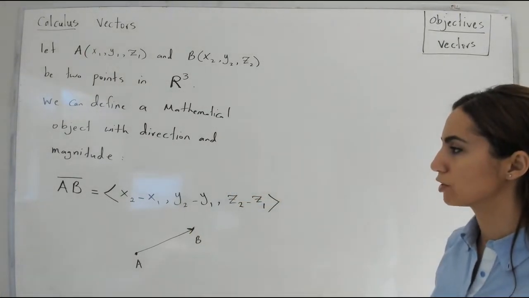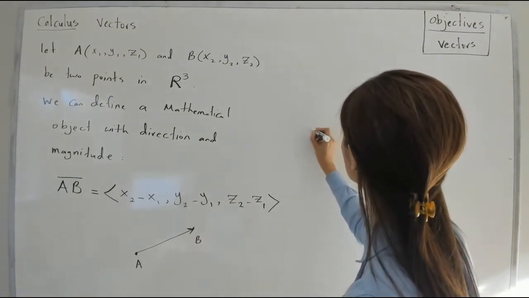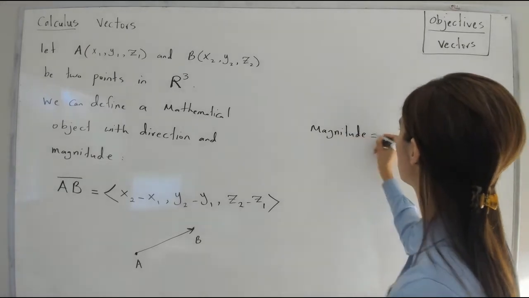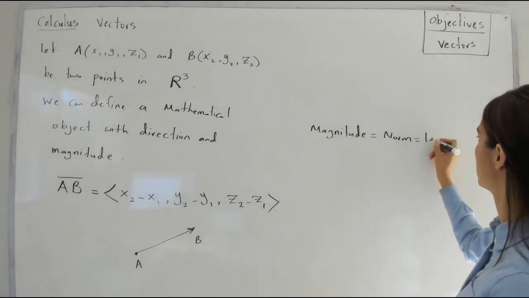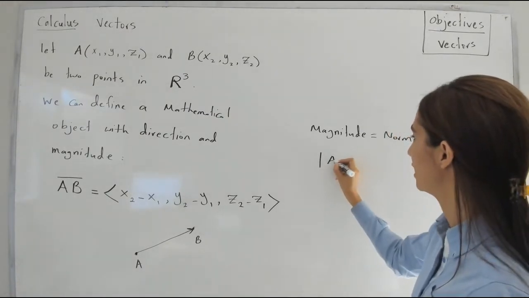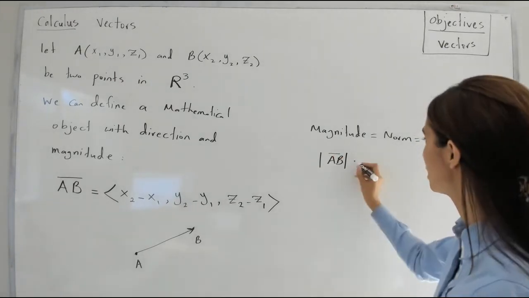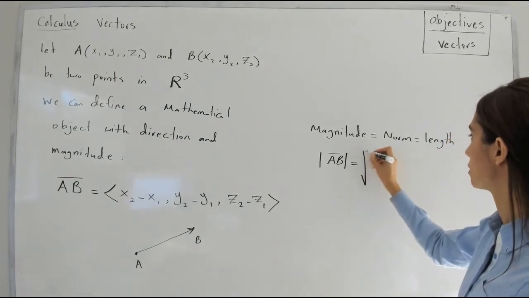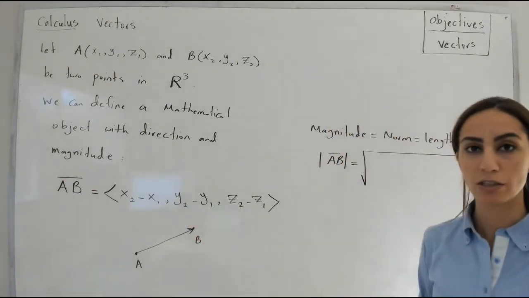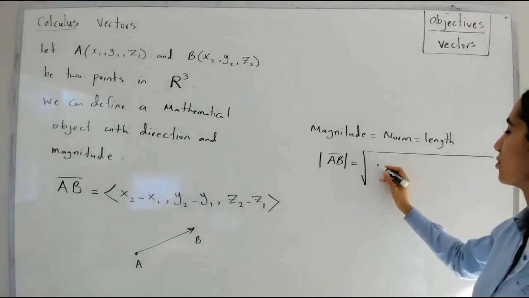Very well. So as you saw, the magnitude or norm or length of this vector, using AB with a small bar on top of it representing the vector, is equal to the square root of, we take each component of the vector and raise them to the second power, then add all together.